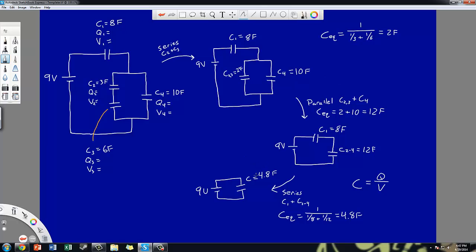At this point, I can start filling in some of my other information. So for instance, I can find what the overall charge is because I know the voltage across this capacitor must be 9 volts. Because if you somehow made a jump from one side of this capacitor to the other, you're essentially making the jump across the terminals of the battery, which is defined as 9 volts by this battery.